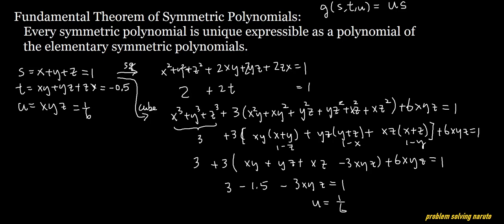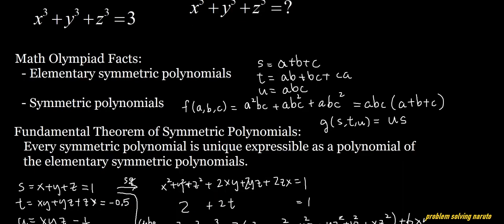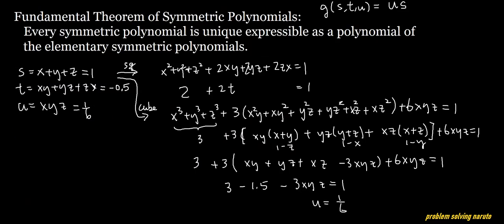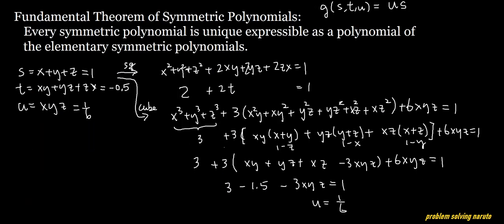Okay, so when we express these in terms of these elementary symmetric polynomials, we have actually found out their values. So now we just need to express these in terms of these, and then we are done.